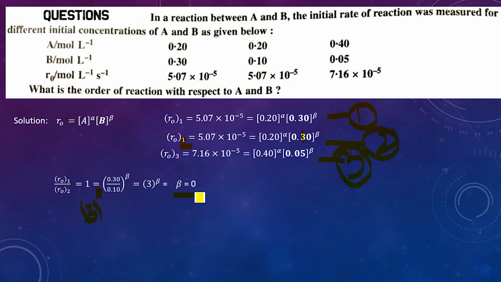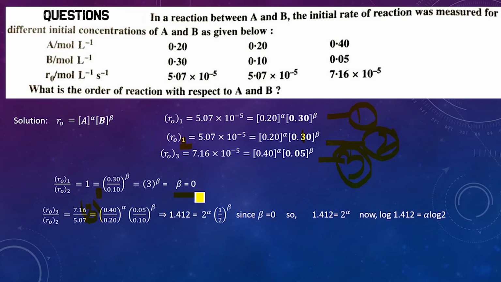Similarly, next you have to do the equations. Now the beta value you know, so you can put the value of beta and find alpha. So just do equation 3 upon equation 2.